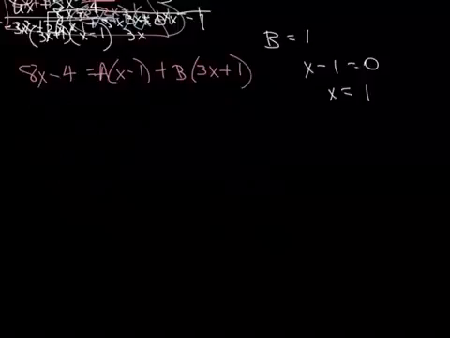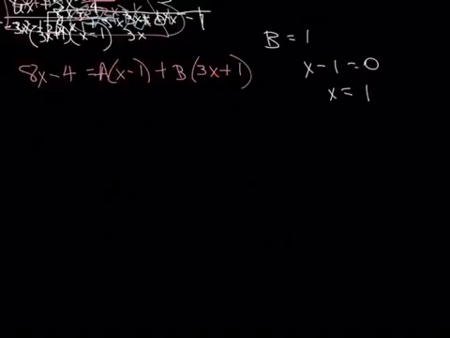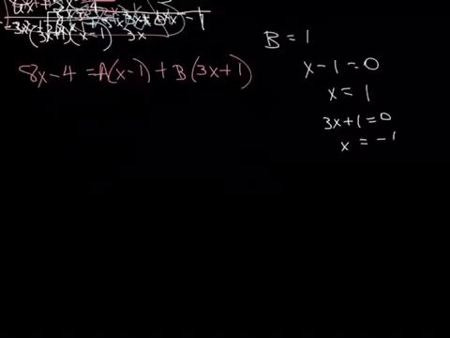That was setting x equal to 1, looking at x minus 1. Now we're going to look at 3x plus 1. So x equals negative 1/3. So we're going to put that in.